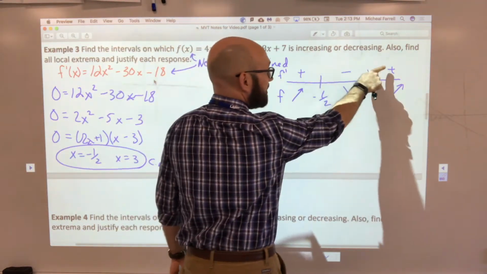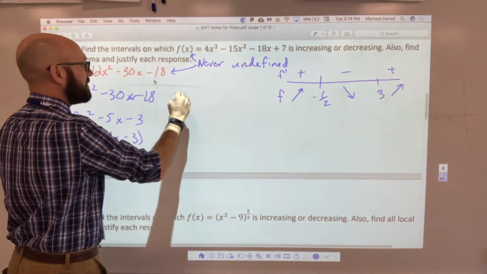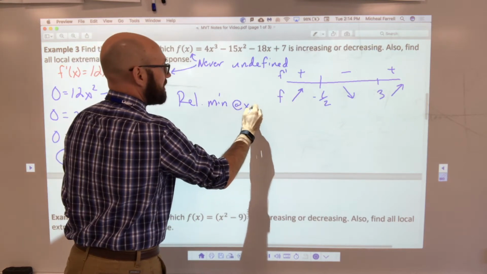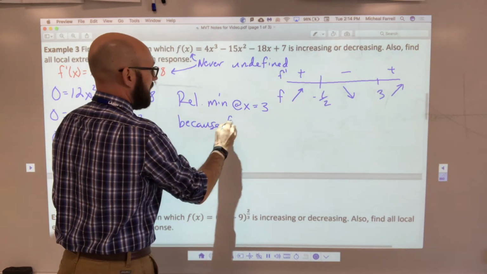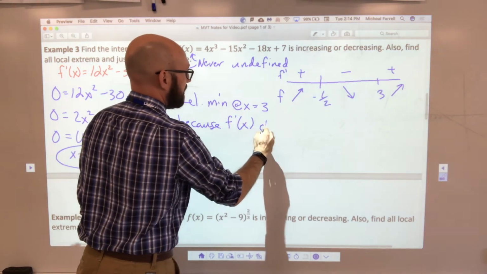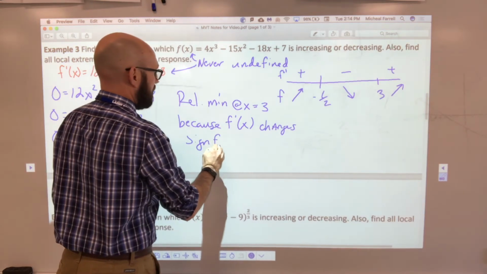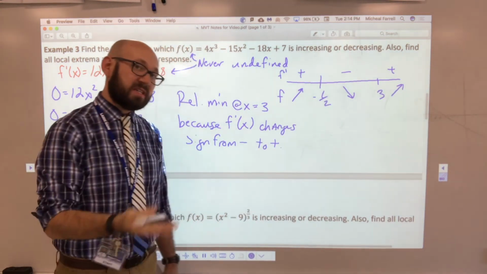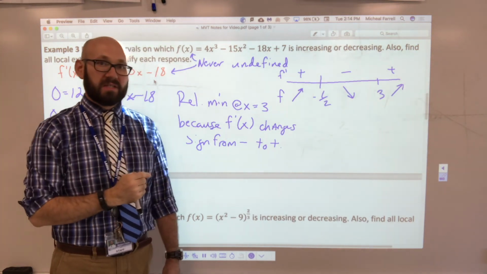The derivative is changing sign, and that implies the function is changing direction. So we'll say we have a relative minimum at x equals 3 because f prime of x changes sign from negative to positive, and that is the justification you need to back up your answer about how you know that that's a relative minimum or not.